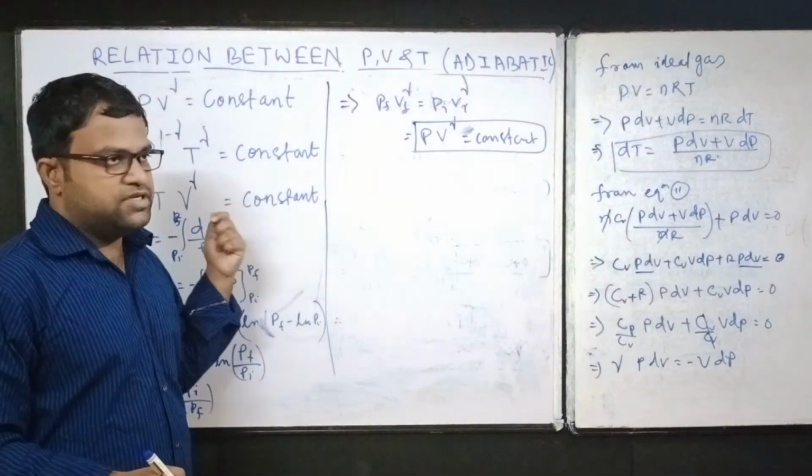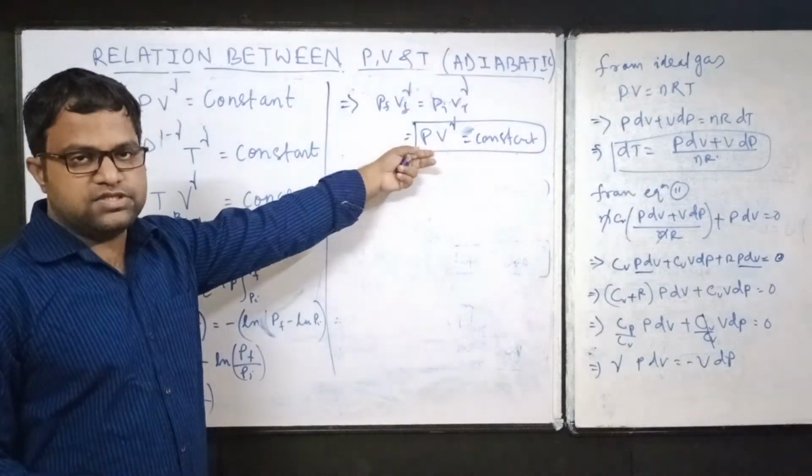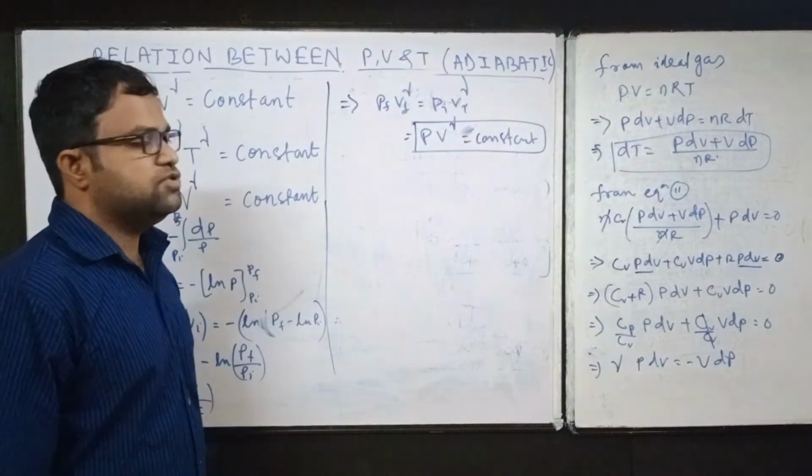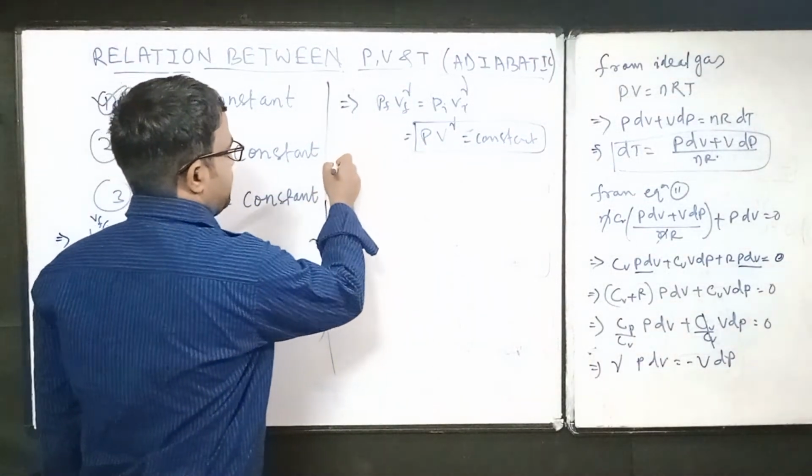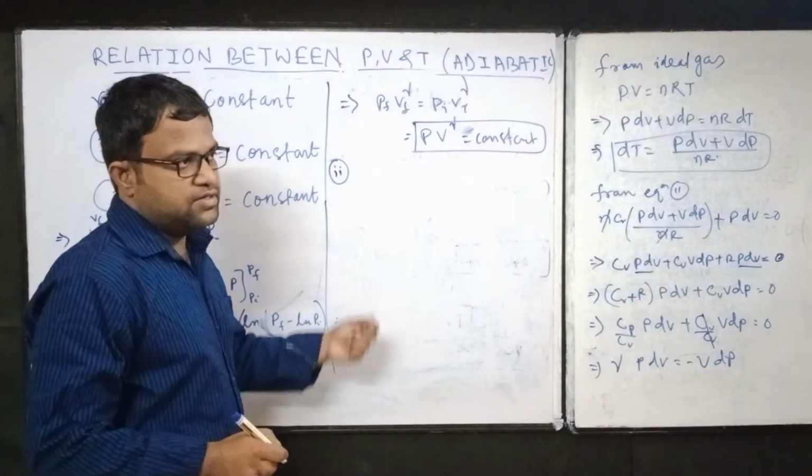The second one can be easily proved with the help of this result, that is PV to the power gamma equal to constant. Let's see. We'll begin again with the ideal gas equation.